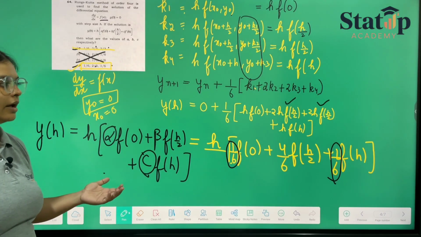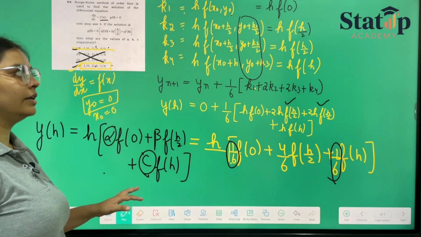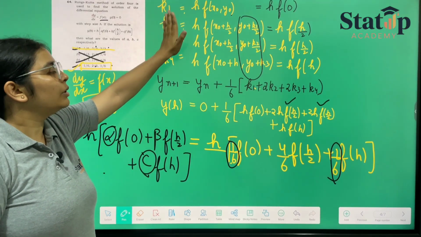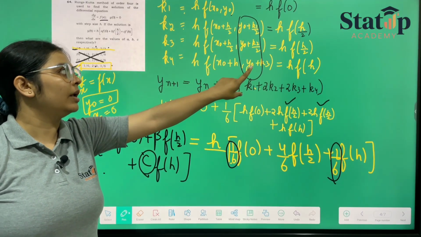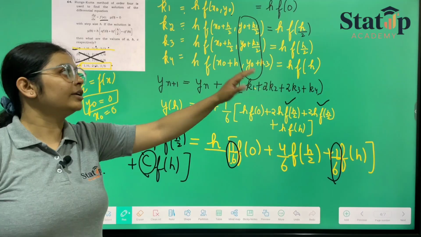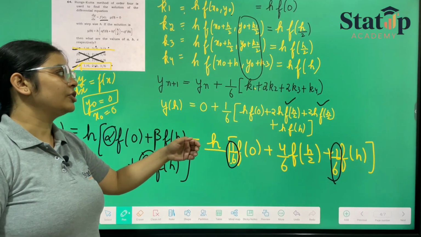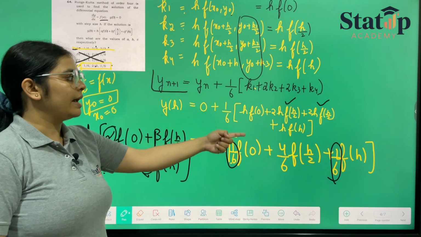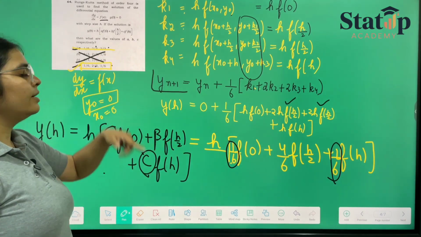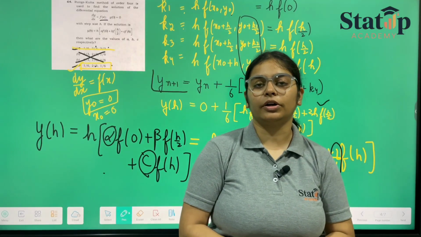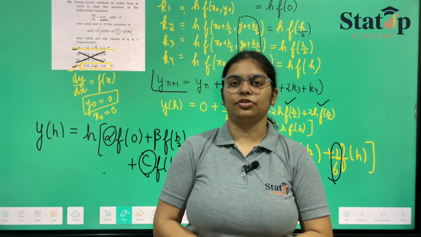So this is our answer. And how do we calculate it? Using the Runge-Kutta method. When you know this formula, you will be able to directly write the derivation instead of first writing the formula and then deriving it. In the examination, you can directly solve it from here and verify from your question. This is how you are going to do it in examination.